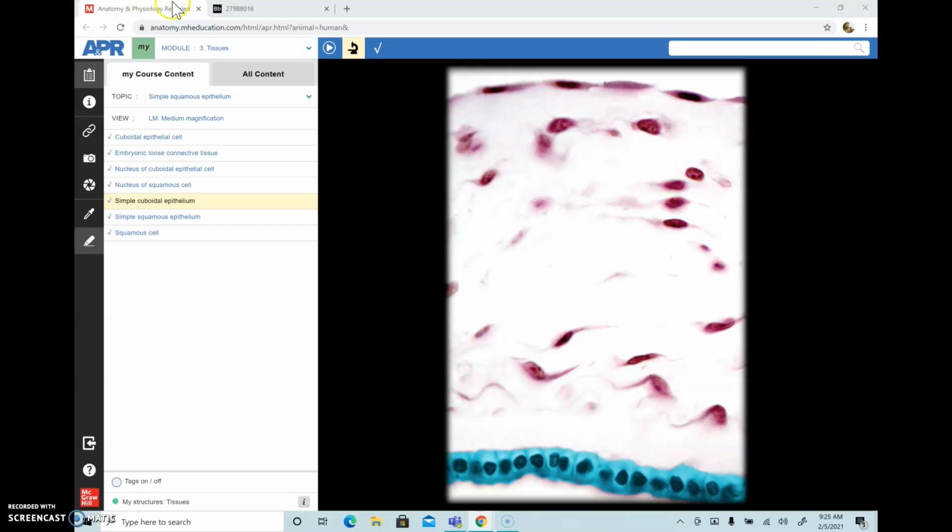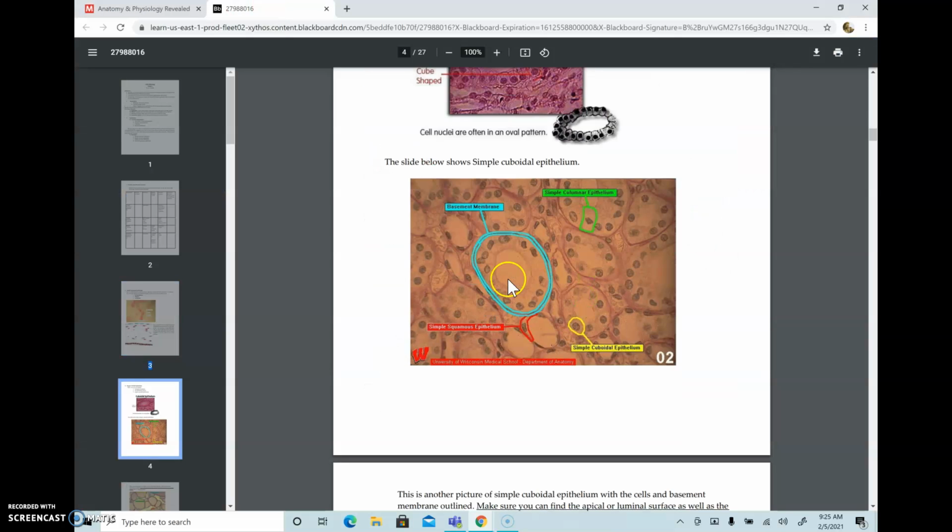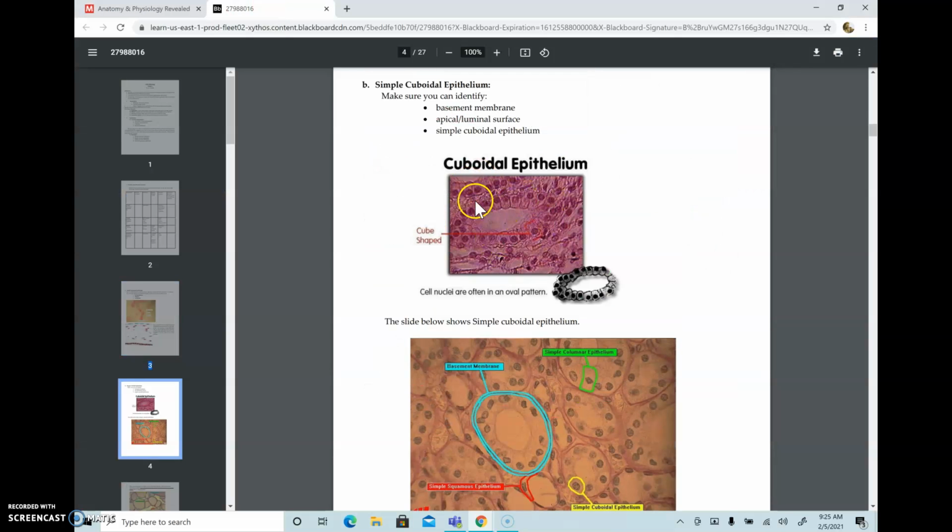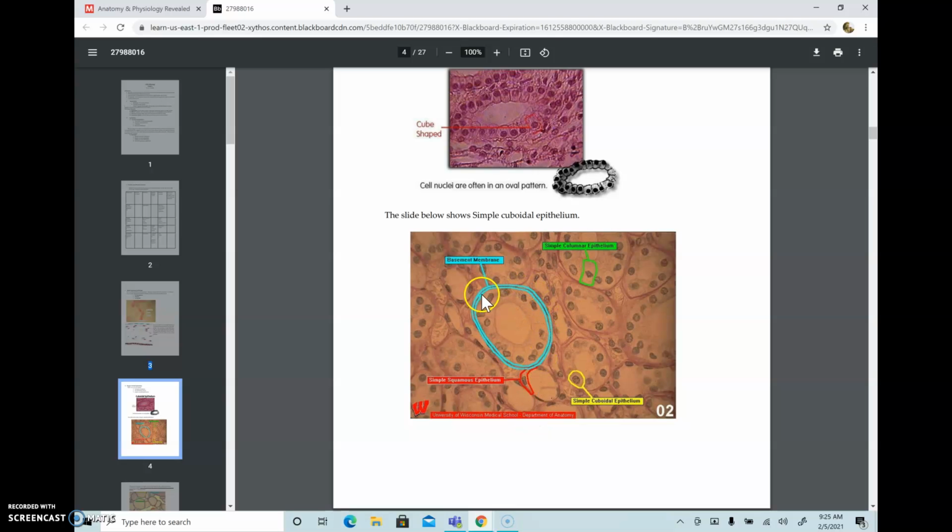So if you look at your lab handout and scroll down, these are cuboidal epithelium. Right, you see that they're arranged in an oval pattern, and you see an empty space over here. This empty space is the lumen.